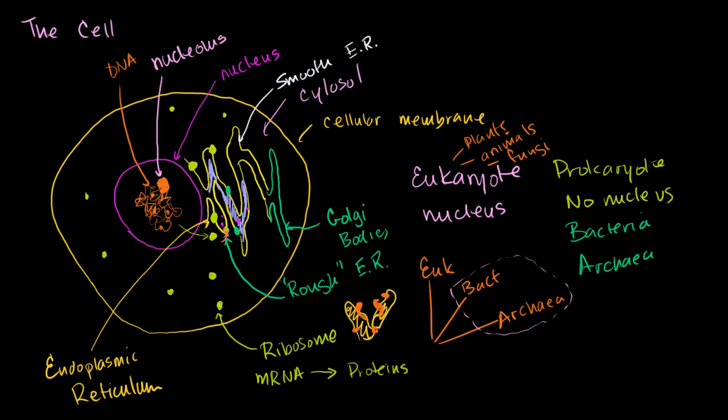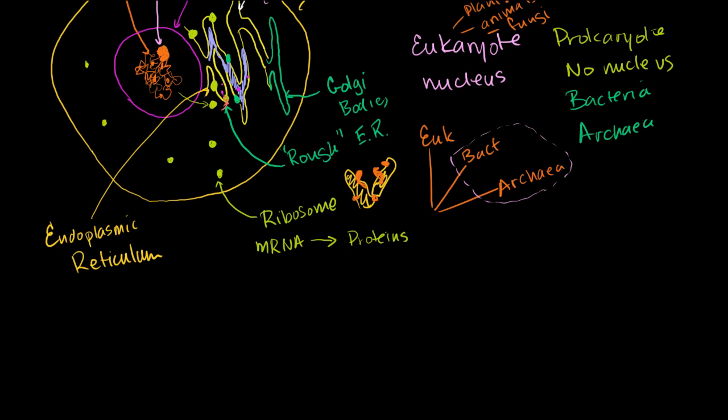Let me make a blow up of that, because I think that'll be useful. So let me draw an endoplasmic reticulum. Let's say this is the membrane of the endoplasmic reticulum. And then you have ribosomes attached to it. So let's say that's a ribosome on the rough endoplasmic reticulum.